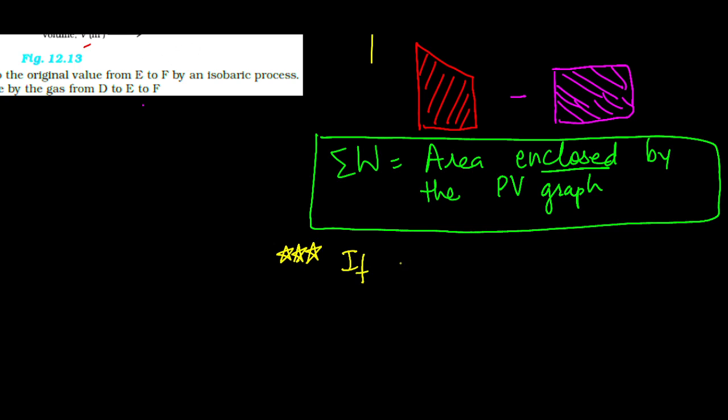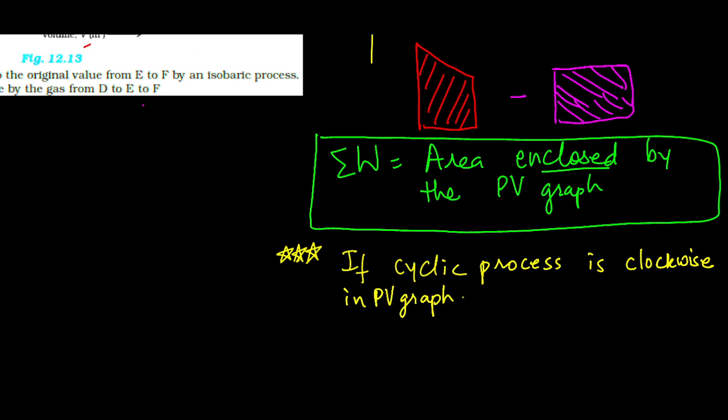If a cyclic process is clockwise in the PV graph, then net work is done by the system. એટલે total કરીને, net work is done by system. આ સમજાણું?